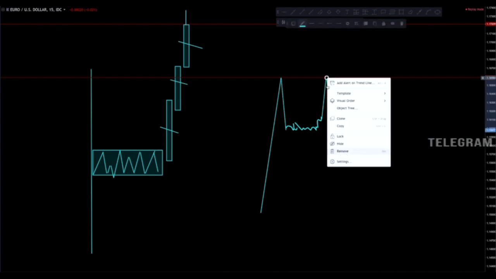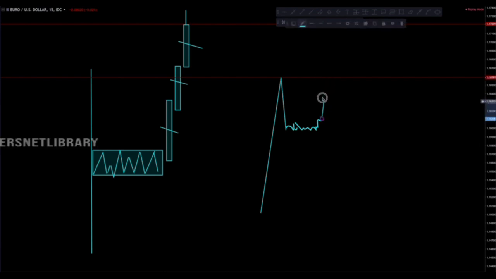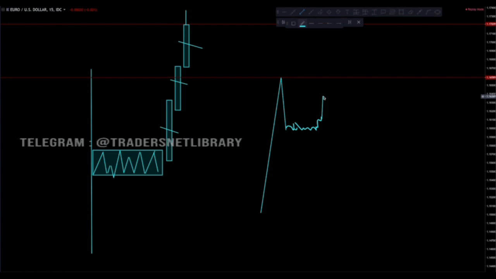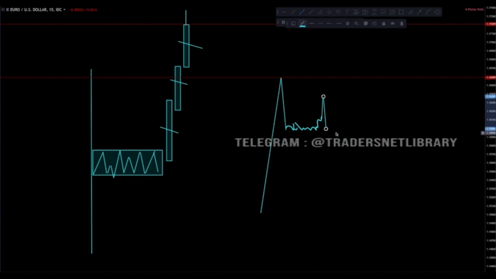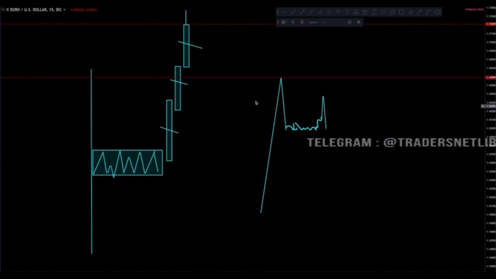Let me delete this, and we can also have patterns like this. The right shoulder is not going to go so high, it's just going to go this low, and this is also considered a double top.